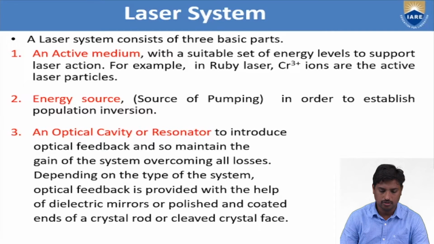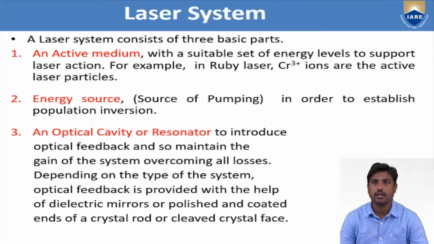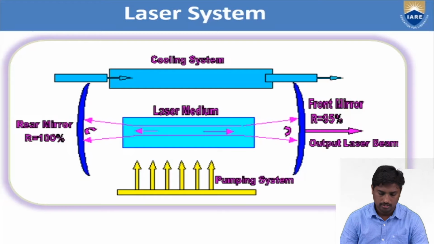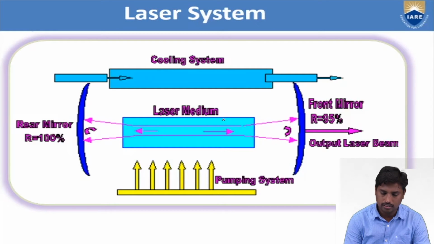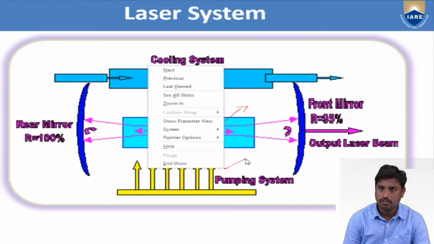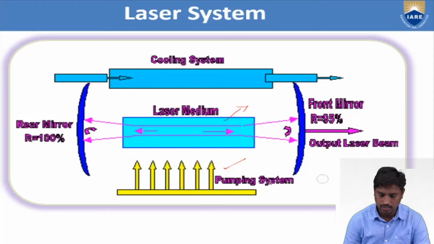Before going into detail, coming to the active medium, I will show you one diagram. This is the total laser transition. This is the laser medium, called the active medium. To excite the particles from the ground state to various excited states, we use pumping mechanisms.